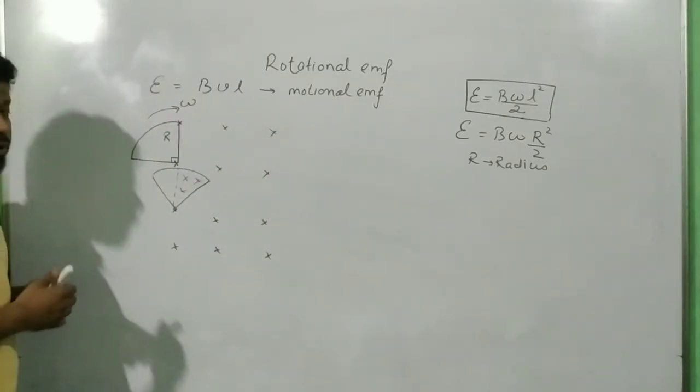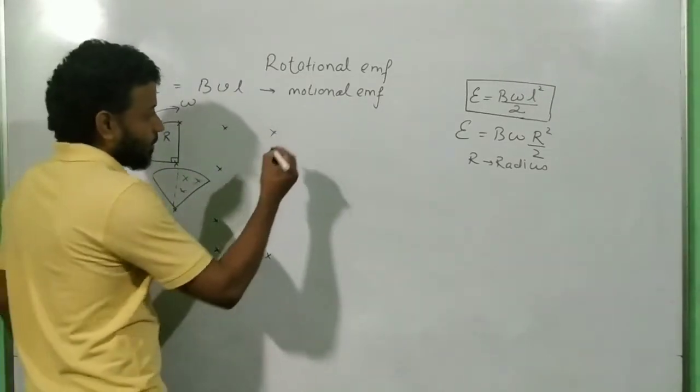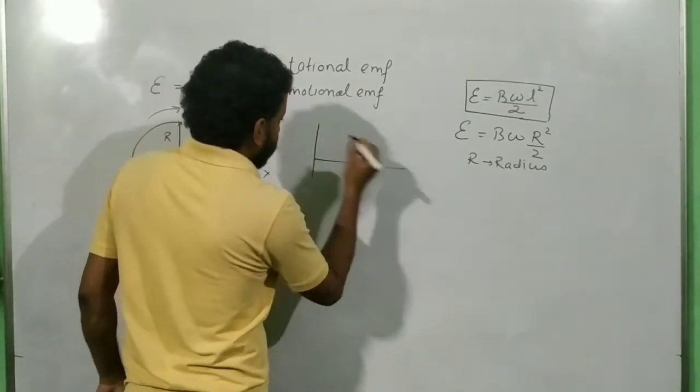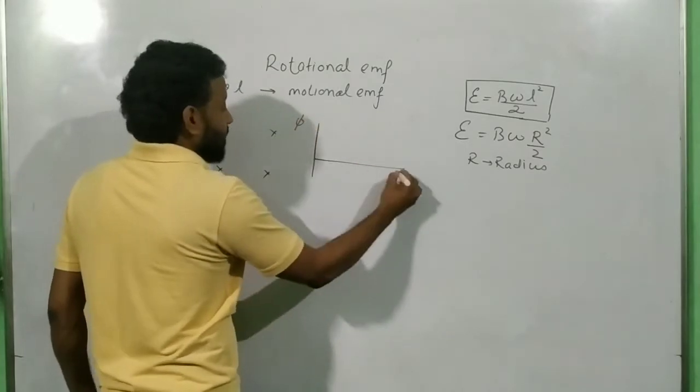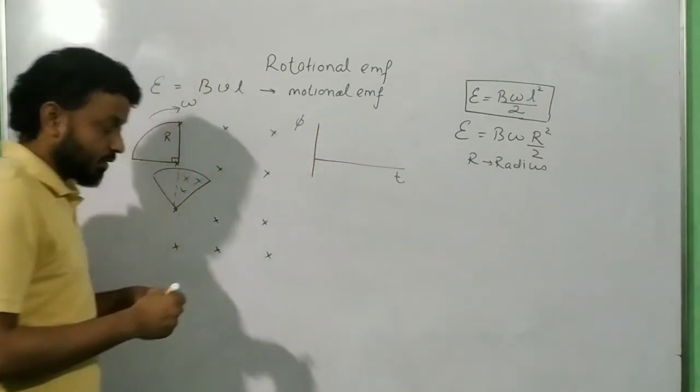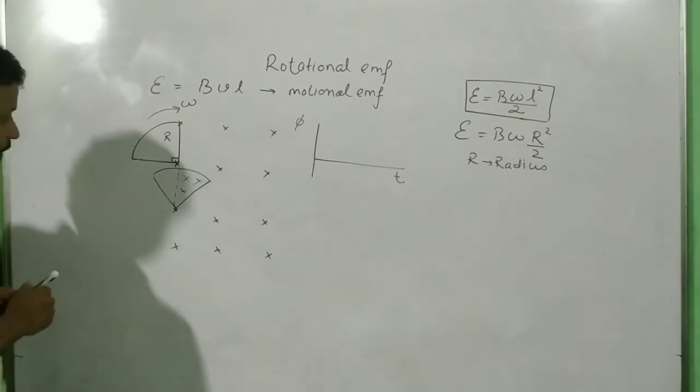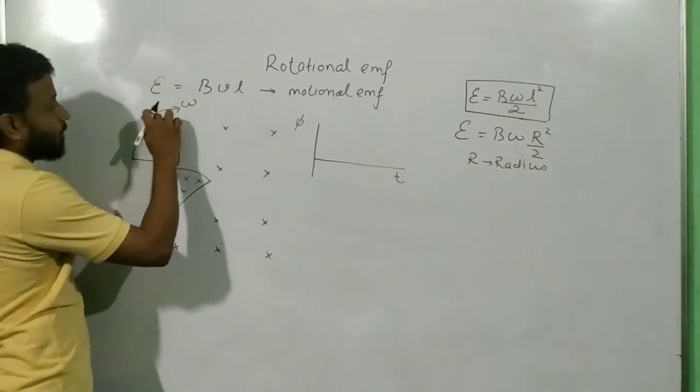If I have to plot a flux versus time graph, how am I going to plot it? Let us say that this has an angular velocity of omega.